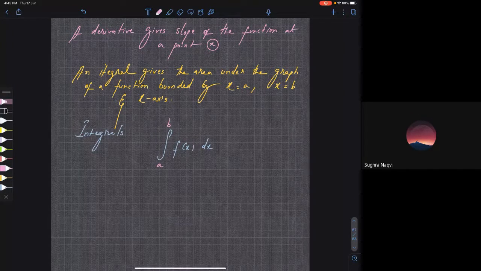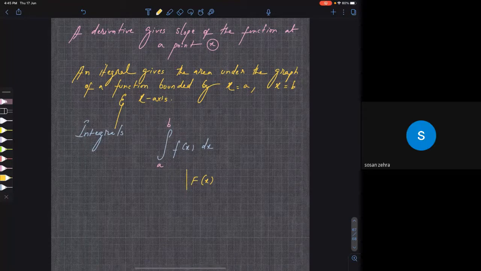Now how to write the integral? First, I'll write the integral of f of x as capital F of x. See, this is capital F, not small f. That means this function is different from small f. You are getting my point?